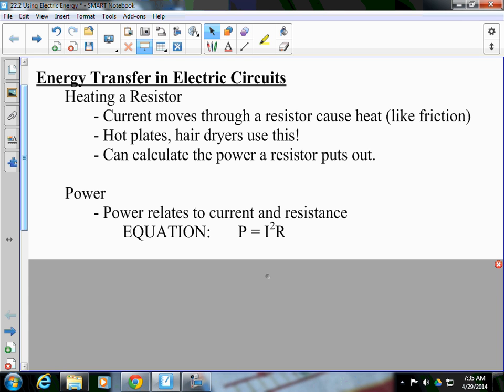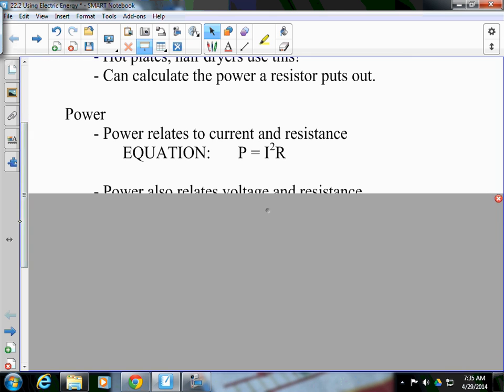And you can calculate the power a resistor puts out. So what is that equation? Power is equal to I squared times R. We're going to take the current, square it, and multiply it by the resistance. So P is equal to I squared times R. We're going to get a couple additional equations for power.